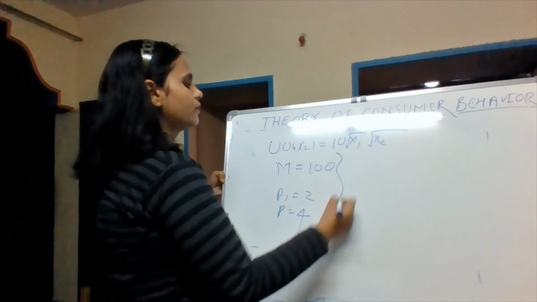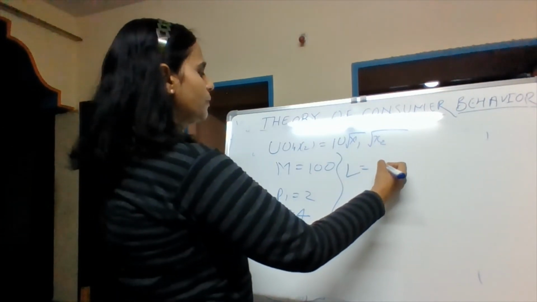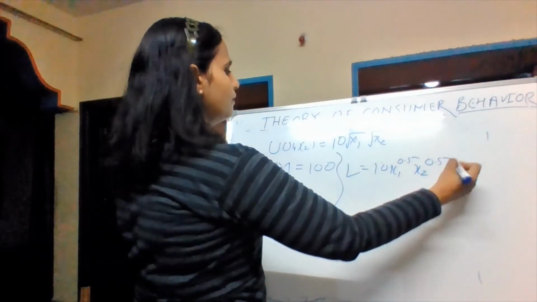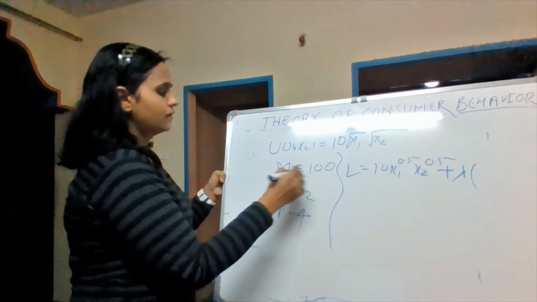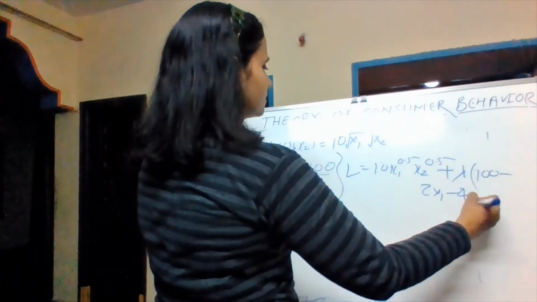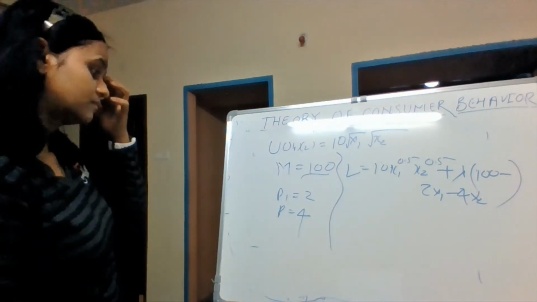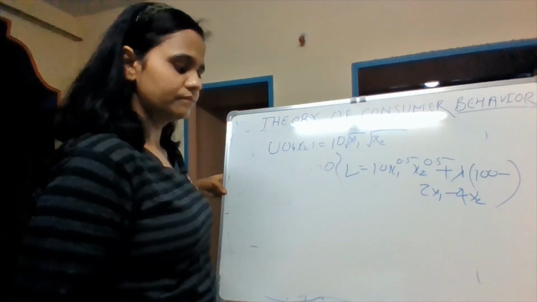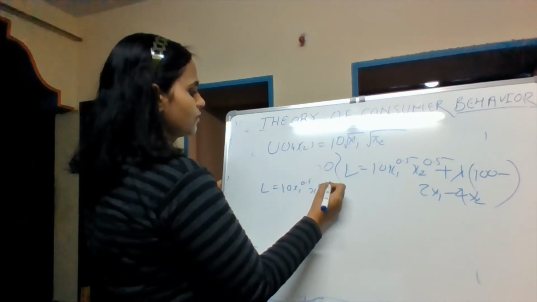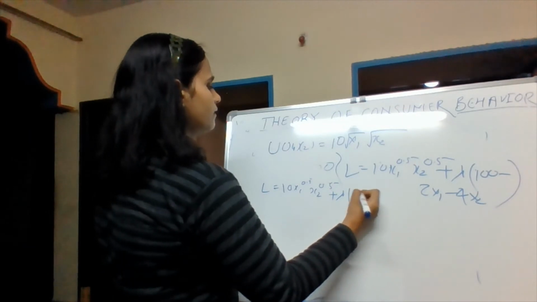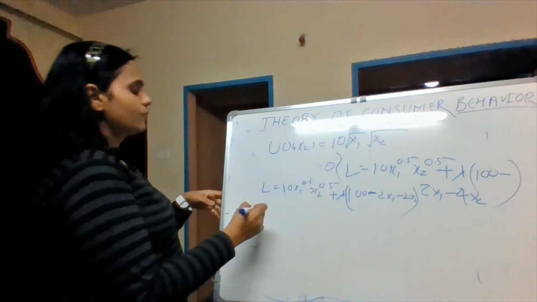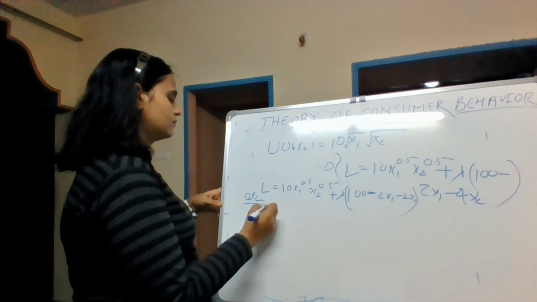According to our Lagrange function, L will become 10 x1^0.5 x2^0.5 plus lambda times (100 minus 2x1 minus 4x2). That is your function.